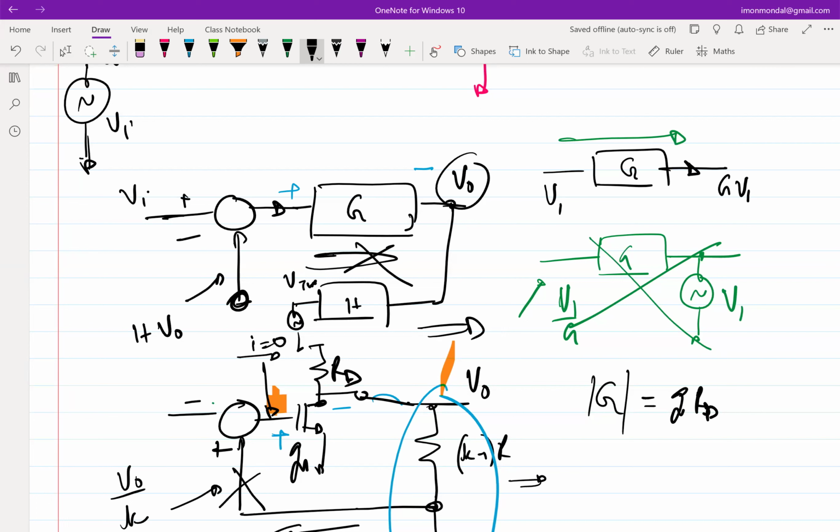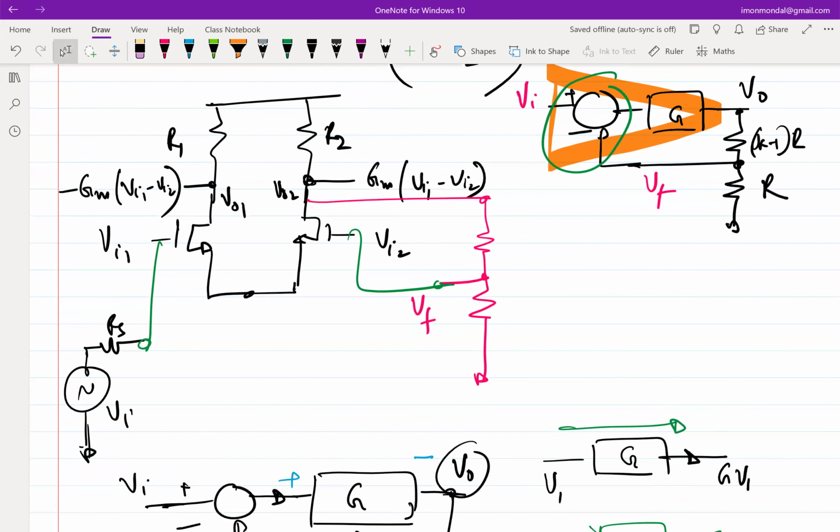So two important things. One, you have to break the loop in such a way that the loading effect does not come into picture if possible. And two, you have to apply a test input in the direction of the signal flow. Okay, fine. So we'll do that for this circuit.